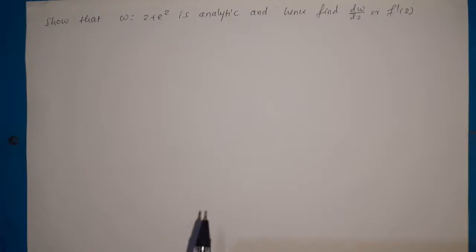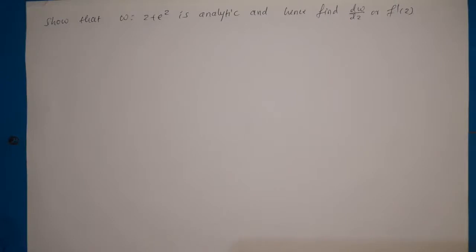While proving the analytic function, the function must be of the form f of z is equal to u plus iv, where u and v are functions of x and y, because we are considering partial derivatives with respect to x and y, not with respect to z.